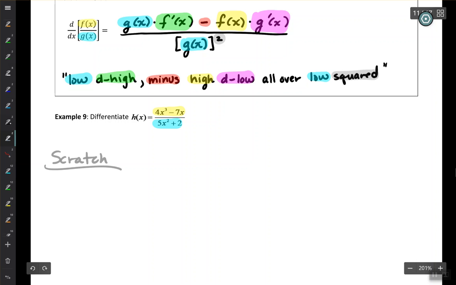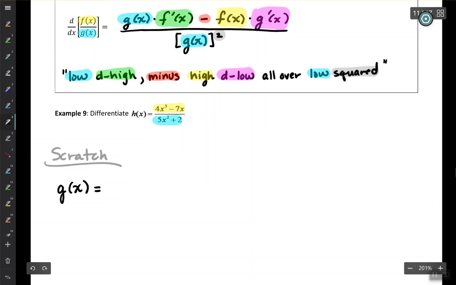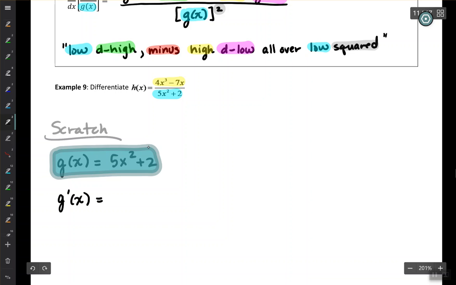Okay, so my low function, my denominator function, and my numerator function, we need. I'm going to start with the denominator just because the formula starts with low. G of x is 5x squared plus 2. I'm going to need g prime of x, so let's do that. G of x is a polynomial, a function of x plus another function of x.